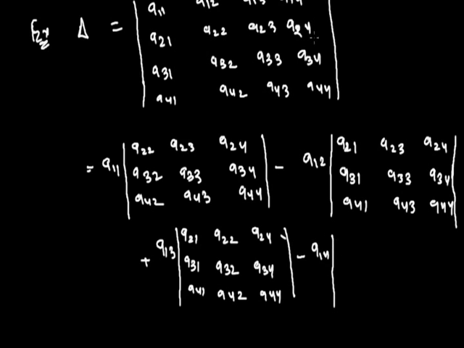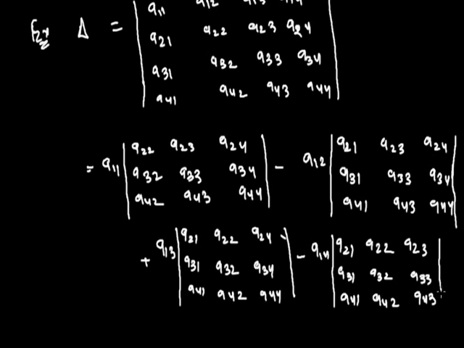Along A14, leave the first row and the last column, so the remaining elements are A21, A31, A41, A22, A32, A42, A23, A33, A43. Now this determinant is of order 3 by 3.